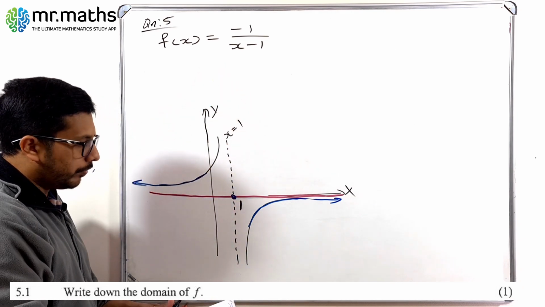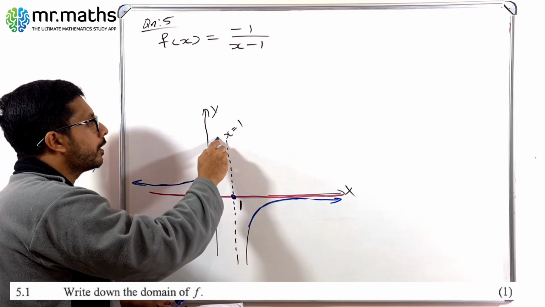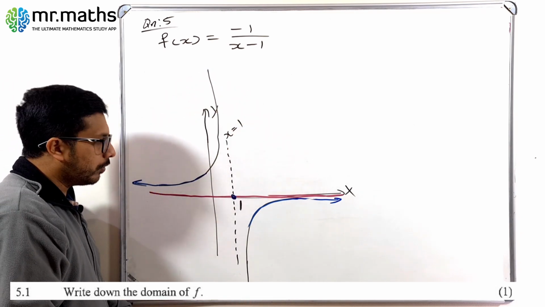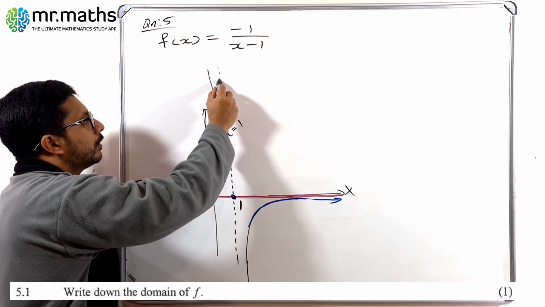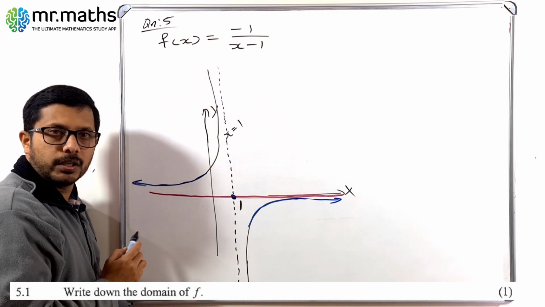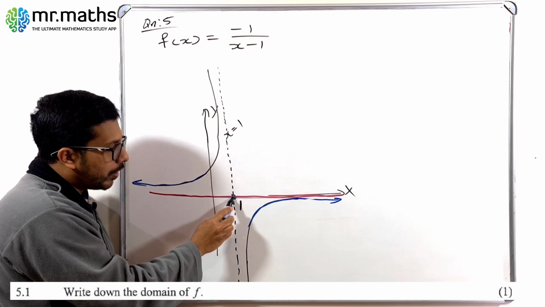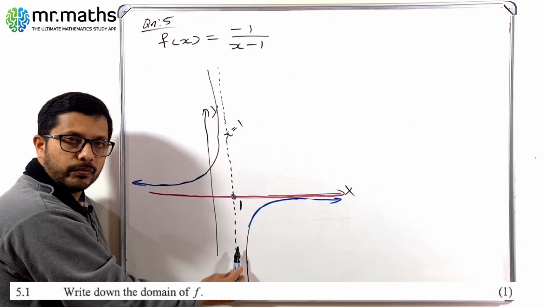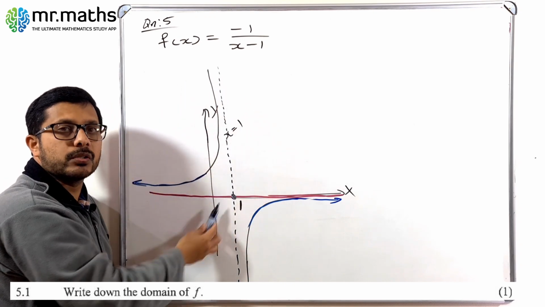If I extend this one to this side, and also this graph to this side, now look at the asymptote. Can you see the asymptote? So when x is equal to 1, you can't find any point on the graph. That is known as asymptote.